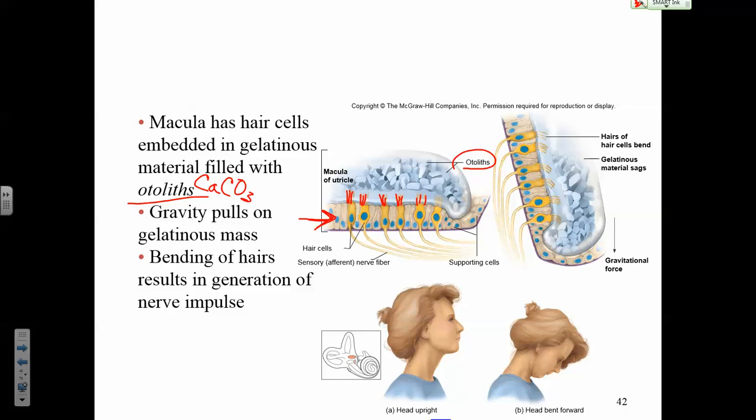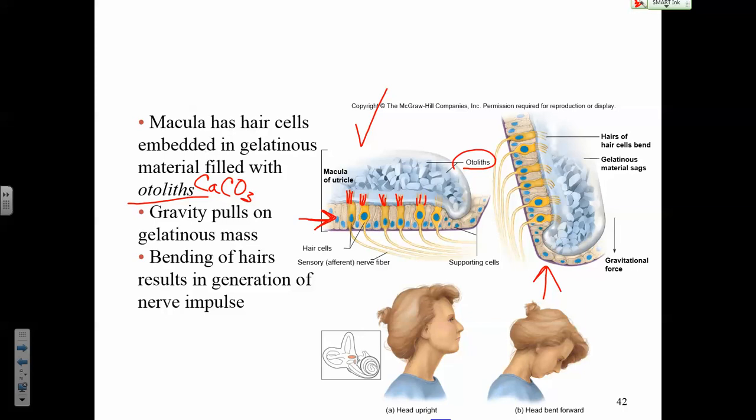It's really interesting when, look at this picture at the bottom, when her head's upright, this is what the macula looks like. But if she starts moving her head down, if she nods off, look at that. Do you see how gravity pulls on the otoliths? Because they're within that gelatinous mass, that whole mass moves.